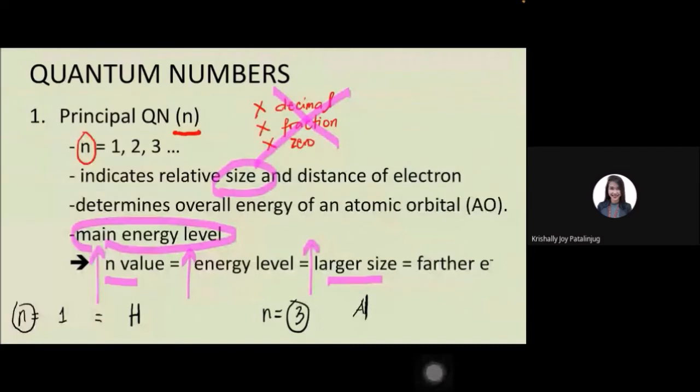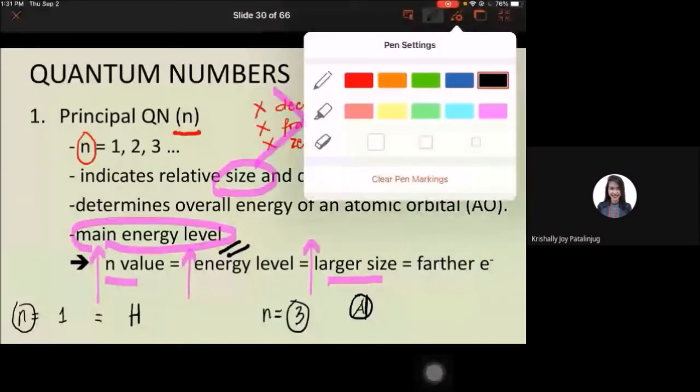Kasi, kung i-compare din natin yung size nila, mas malaki yung size ng aluminum. So, pwedeng factor bakit mas malaki yung atomic size ng aluminum, it is because of the n value as well. Kasi greater yung n value niya. Diba yung n value, it has something to do with the level, the shell. So ibig sabihin, meron siyang tatlong level.